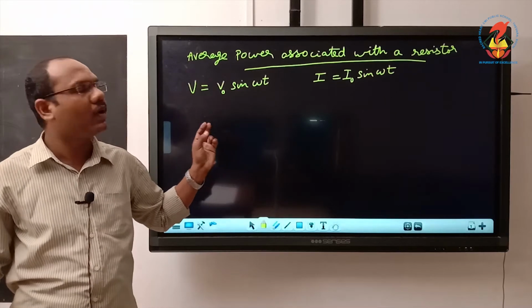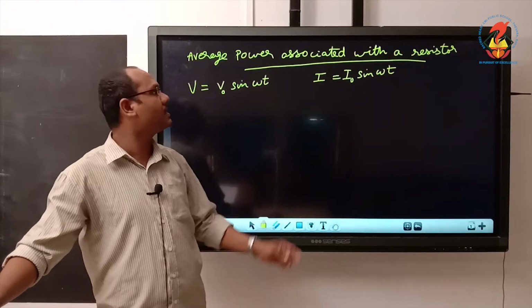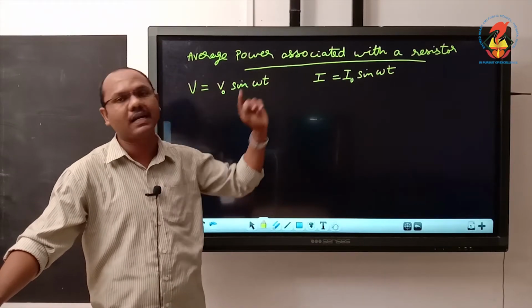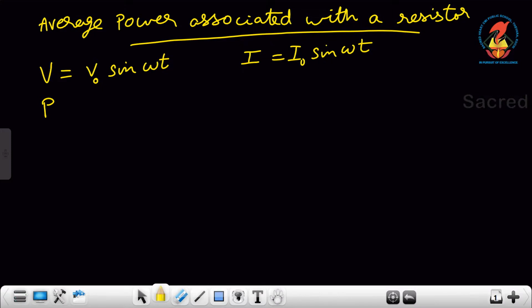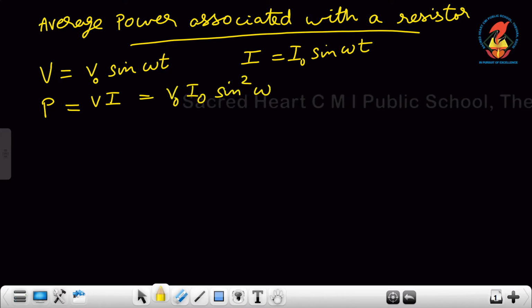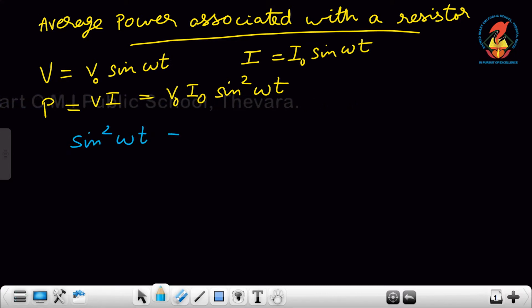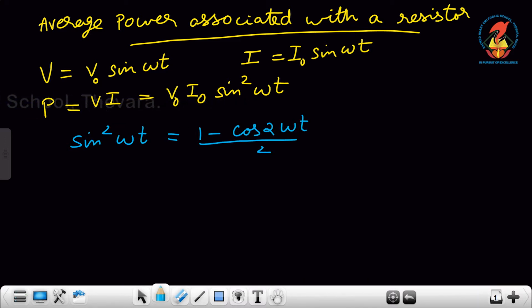For a resistor, a purely resistive circuit, voltage and current are in the same phase because both of them have the angle omega t itself. So the instantaneous power can be written as P is equal to V into I, so V0 I0 sin square omega t. Sin square omega t can be written as one minus cos 2 omega t whole divided by 2.